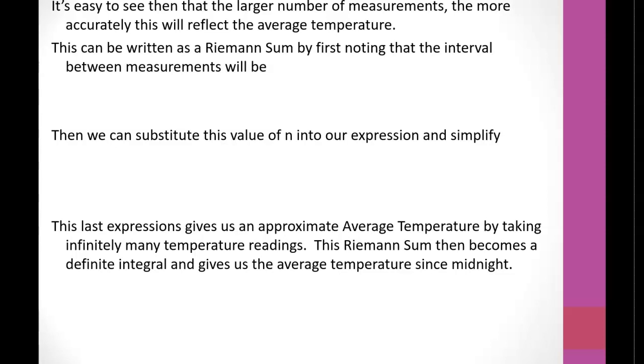So again, this is where you have to determine, okay, what are the increments between all of my measurements? If I make the increments 1 hour, then my time is delta t.